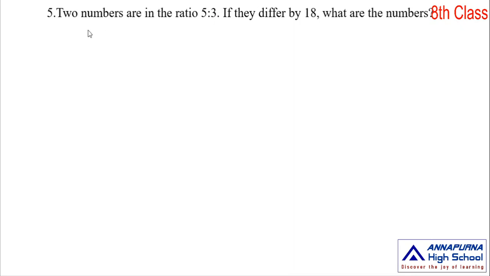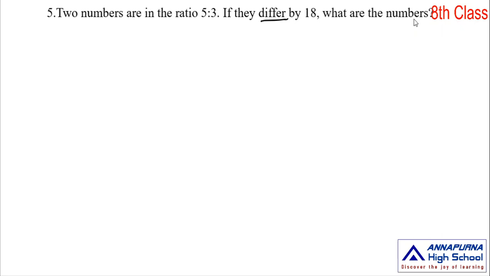Fifth one. Two numbers are in the ratio 5:3. If they differ by 18, what are the numbers? Here, differ means the difference between the two numbers is 18. Then you find the two numbers. Here the two unknowns are the two numbers.